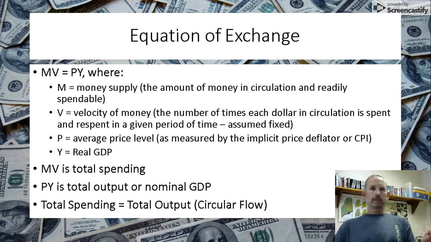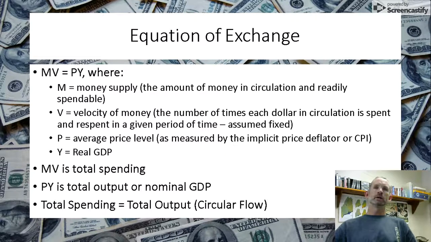If we take all that together, MV, the left half of this equation, is really total spending. If we take the amount of spendable money in the economy and multiply it by the number of times it gets spent, that's a measure of total spending. PY is total output, or nominal GDP, because it's the average price level multiplied times all the stuff produced.